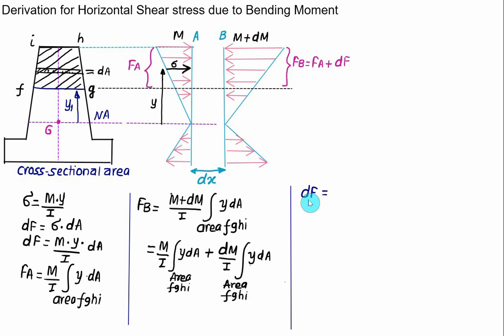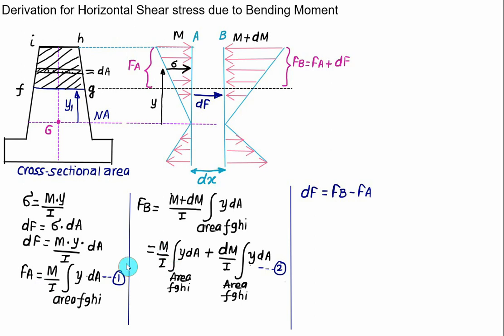So this force dF must act in a rightward direction. FA is acting rightward, so somewhere we'll show this force, equal to dF. FA plus dF will be equal to FB, so we have dF equal to FB minus FA. This one is equation number 1, representing FA. This one is equation number 2, representing FB. So we have FB minus FA.